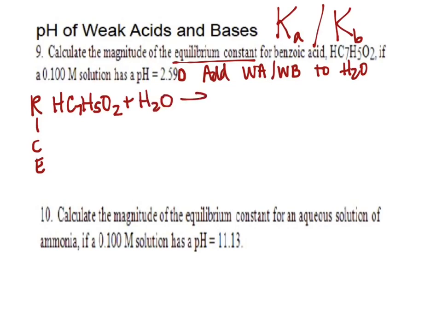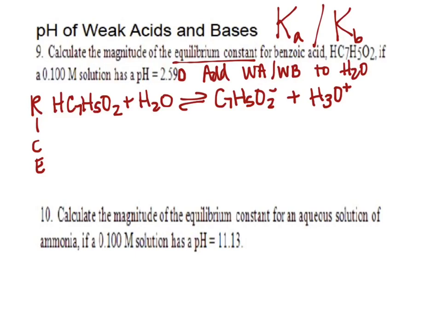When we add it to water, we end up getting C7H5O2 negative plus H3O positive. We know it's an acid, it starts with an H, therefore when we add it to water, we better get the hydronium ion, the H3O plus.